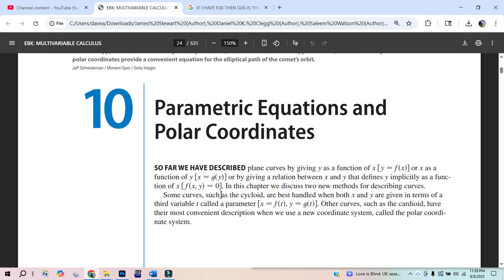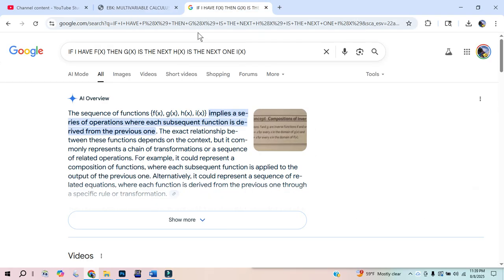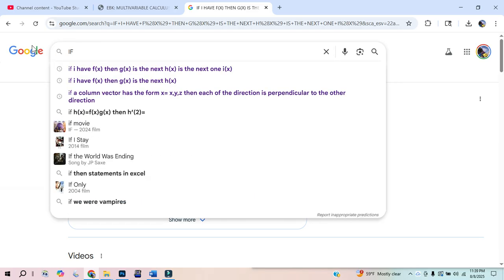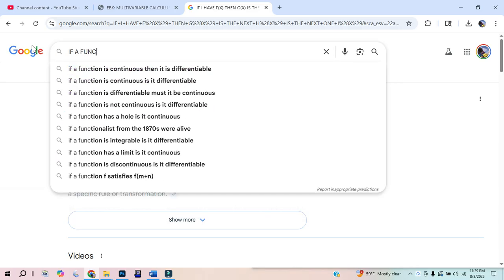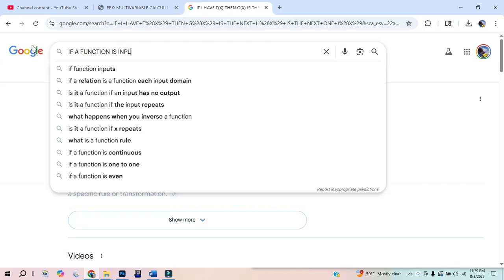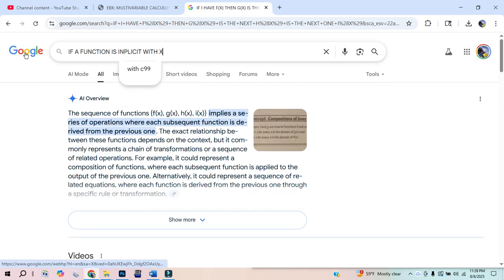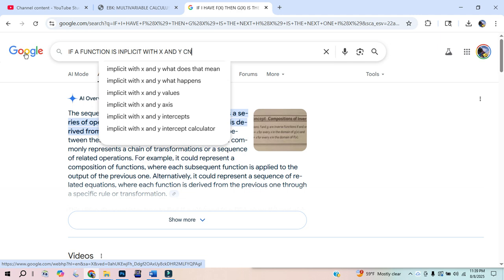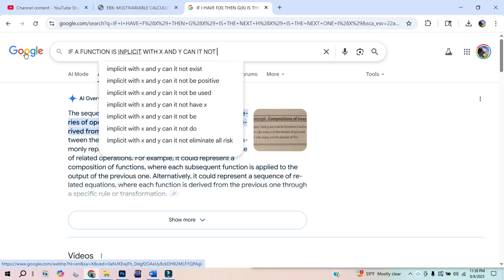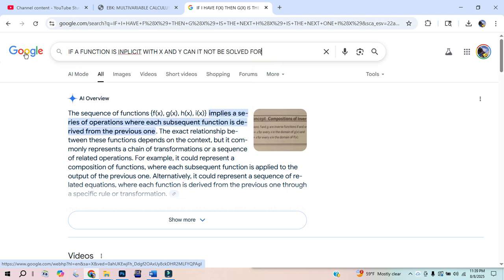Cool. All right, but this implicit, I think I had a question on there. I said, if a function is implicit with x and y, can it not be solved for y?